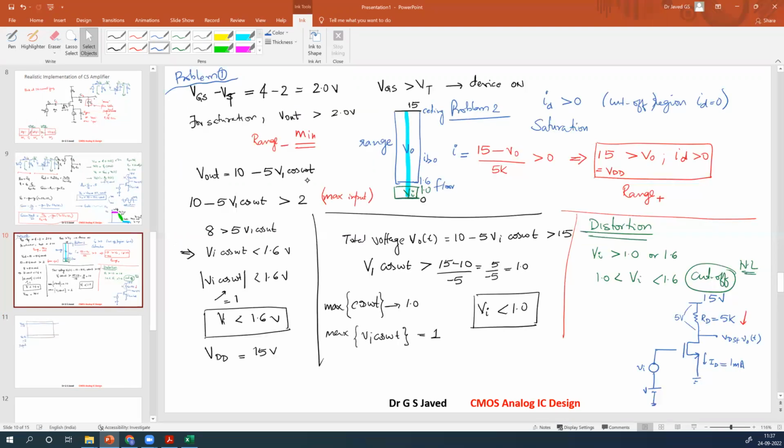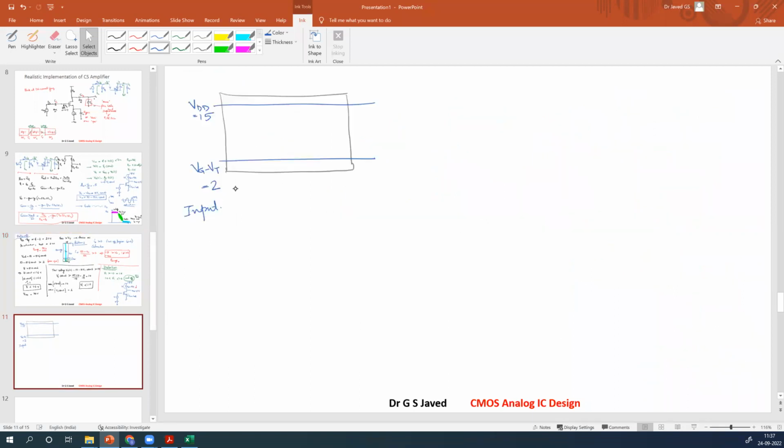Right? We defined range min and range max. From range min and range max, you will get your V out. Where is your V out? V out is designed at 10 volt. You plot V out on this side and time on this side. So your V out waveform will look like this, 1 volt above and below.